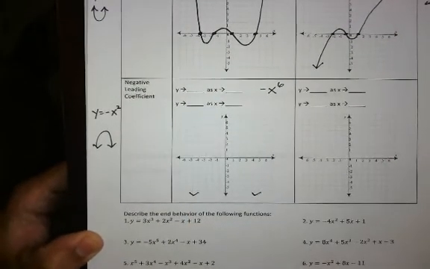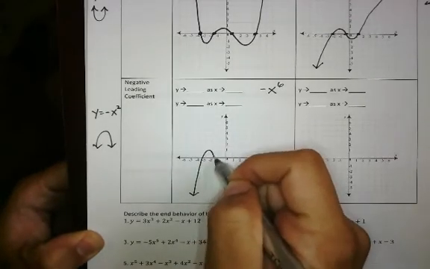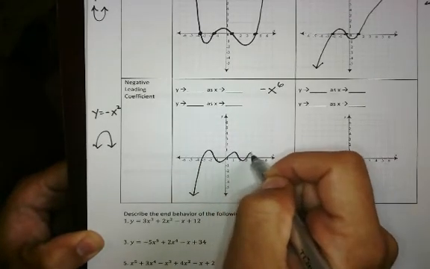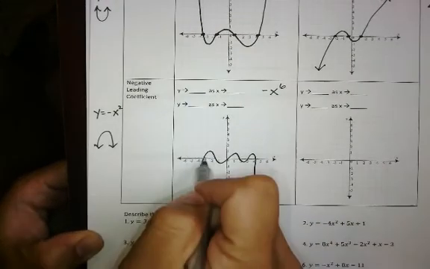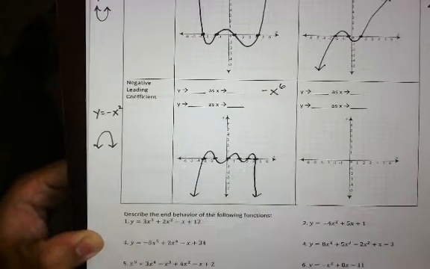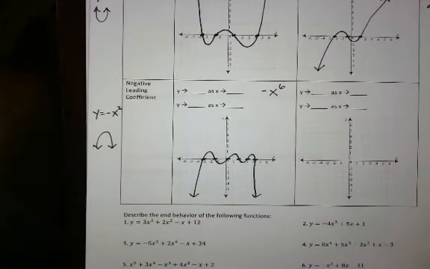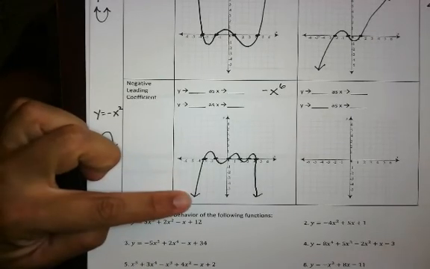Instead of our graph facing upwards, this one is going to face downward. So we're going to go through 1, 2, 3, 4, 5, 6 times. Our graph would go through 6 times.